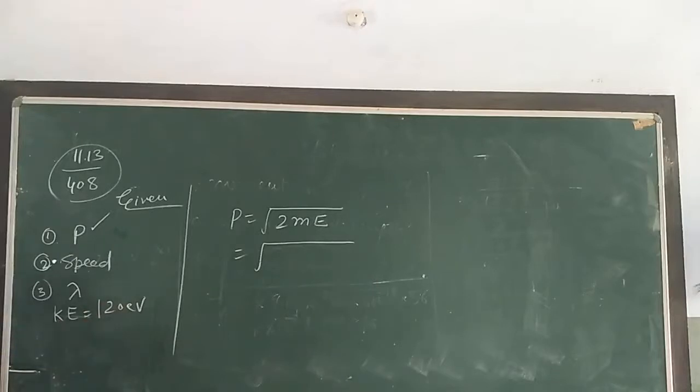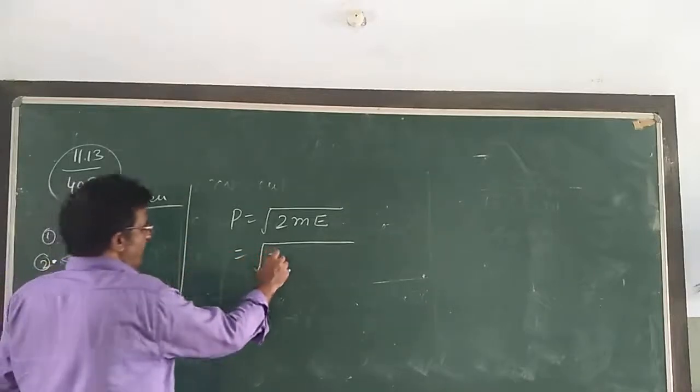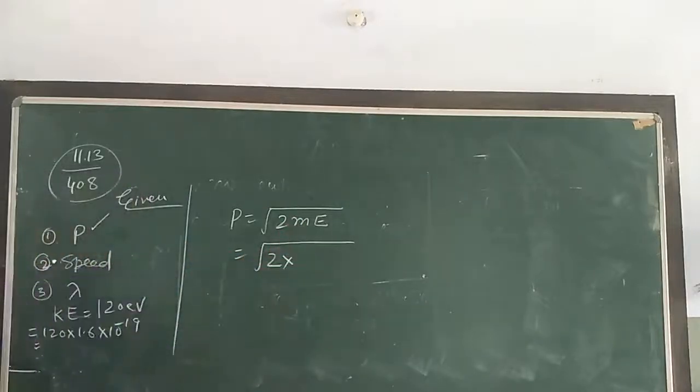See that. 120 eV convert into joule, 1.6 into 10 raised to the power minus 19. Solve this. What you are getting here? Put this over twice into mass of the electron.